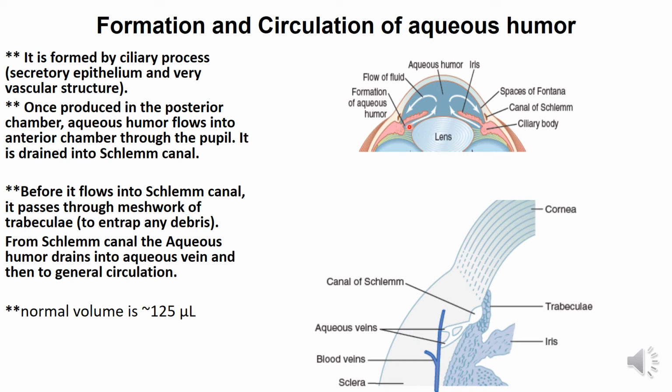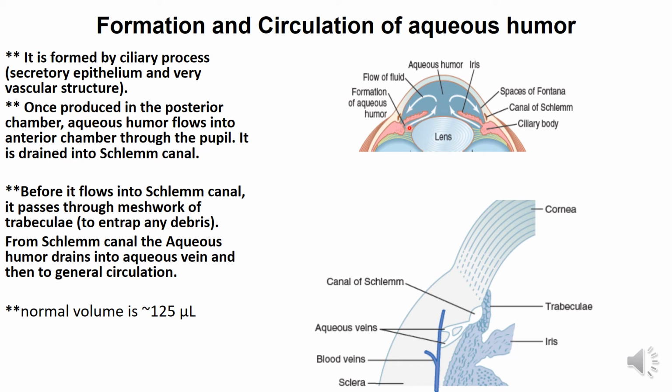Once the aqueous is produced, it can pass from this area between the iris and the lens, reaching this area, and from this area it will be drained through a canal here. I will describe it in just a few minutes.